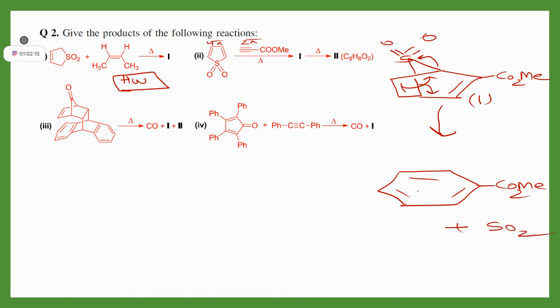And if you count the carbon number, 6 in this aromatic ring, 7, 8. C8H8O2. So our molecular formula is matching with our product. Yes or no? So this reaction is an example of 4 plus 2 followed by retro 4 plus 2.